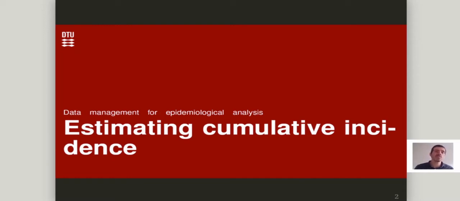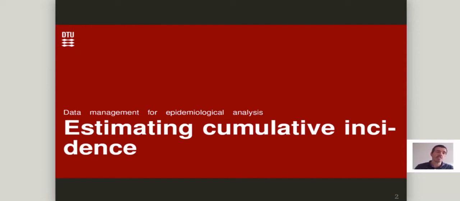So with cumulative incidence, we can assess how quickly or how many cases we are getting in a certain period of time, which is very important when we want to plan health strategies or when we are dealing with outbreaks. This session is part of the data management for epidemiological analysis module.